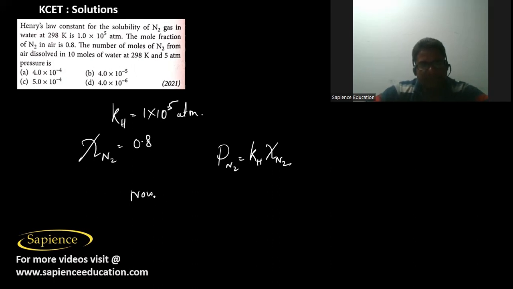So here P of N2 is the partial pressure of N2, which is equal to kh into chi.